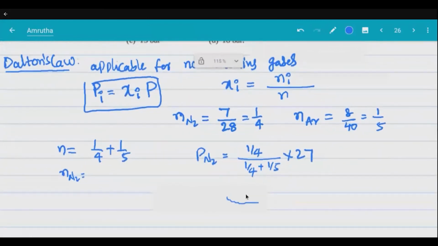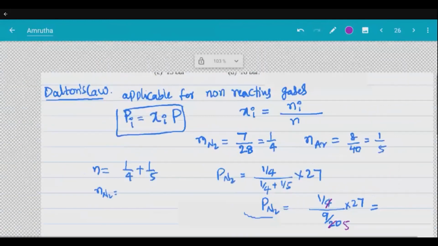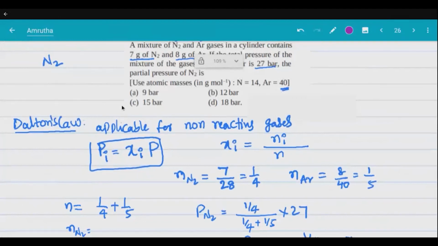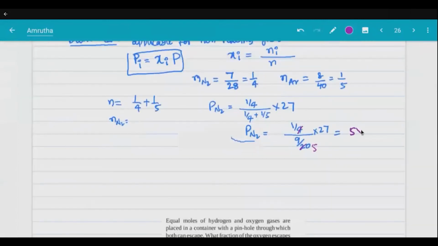So partial pressure of nitrogen is 1 by 4 over 9 by 20, into 27. Cancel the 4, very simple maths. So the partial pressure is 15 bar. Correct? Yes, exactly 15 bar, 5 into 3, so that is 15.